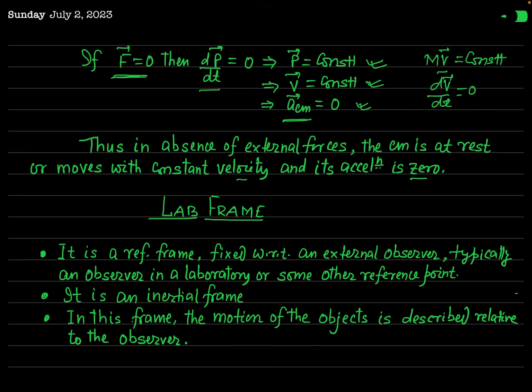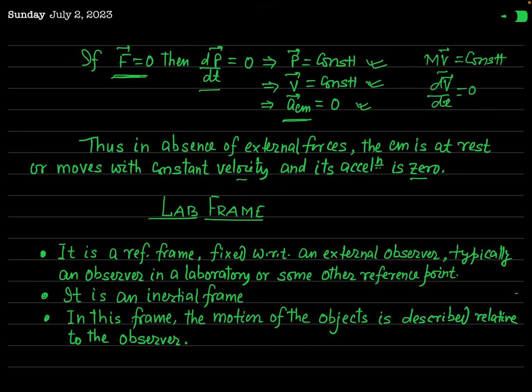And when you say inertial frame, that means a frame in which law of inertia, that is Newton's first law of motion, is valid. And you have learned that an inertial frame is either at rest or it moves with constant velocity. On the other hand, non-inertial frames are accelerated frames. We have learned all these things earlier.